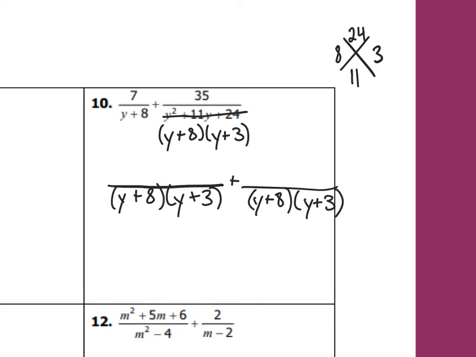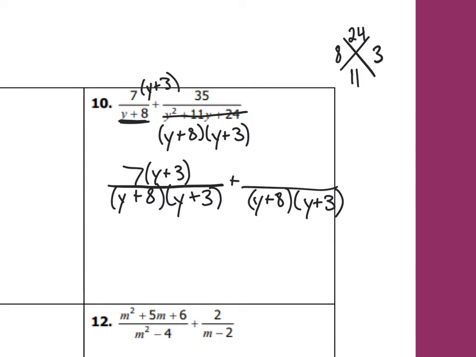The first fraction just has y plus 8 as its denominator, correct? What are we missing? The y plus 3. So we're going to multiply 7 times y plus 3. Yep, we will distribute.